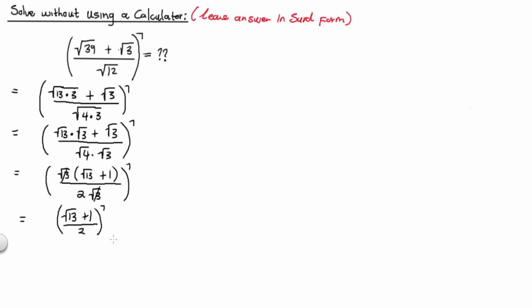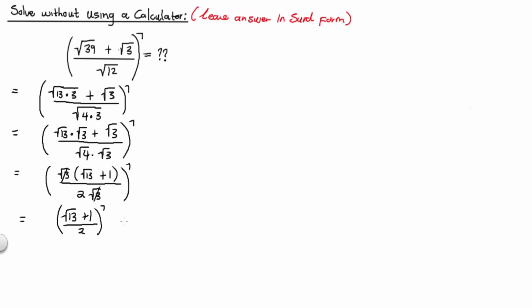Okay, what we can actually do is, at this point, take the exponent 7 and raise the numerator to it, and take the exponent of 7 and raise the 2 to it as well, and try to simplify it that way. But that's going to be a very, very frustrating process, right?